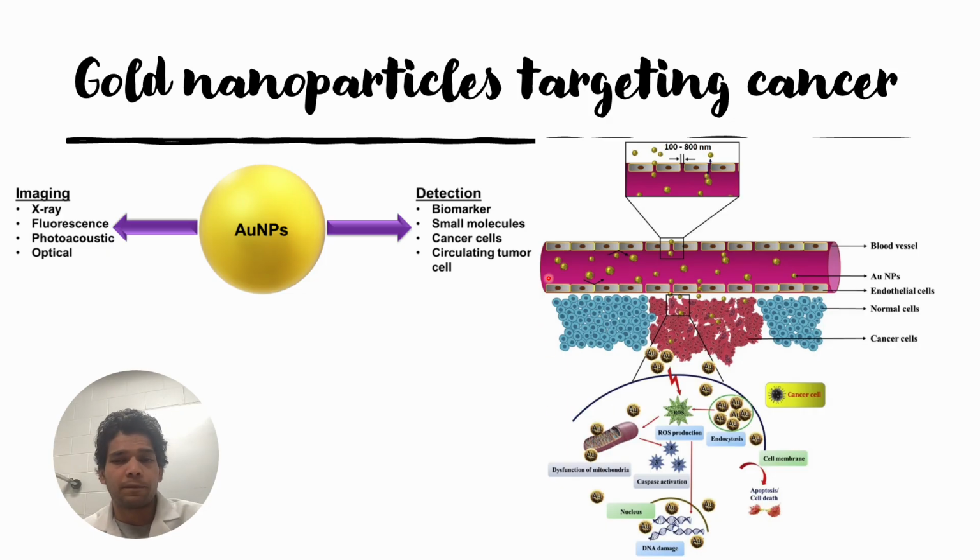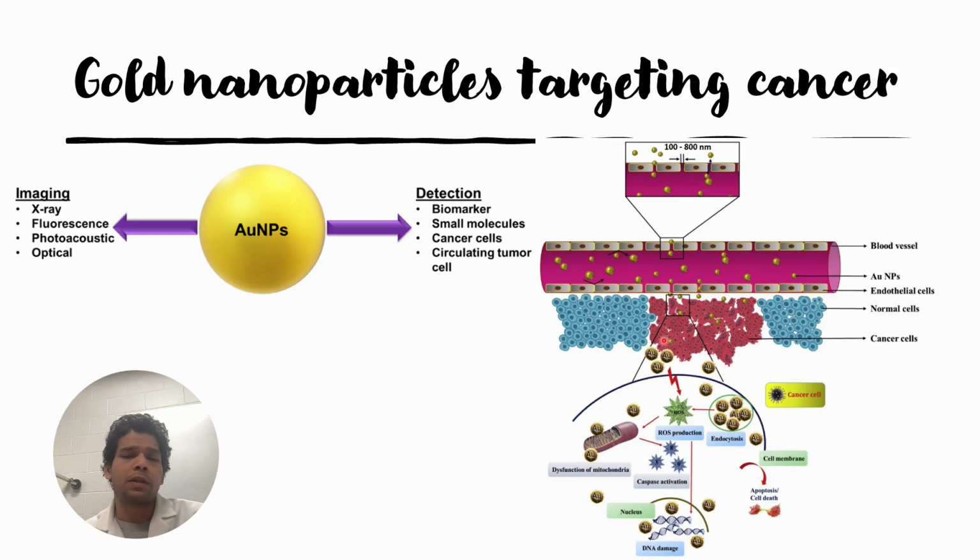So this is just a brief overview, and because of their size, like 100 to 800 nanometers, they do not need additional requirements to do these extravasations and intravasations. Extravasation and intravasation are needed for the movement of these nanoparticles to reach the site of the tumors.